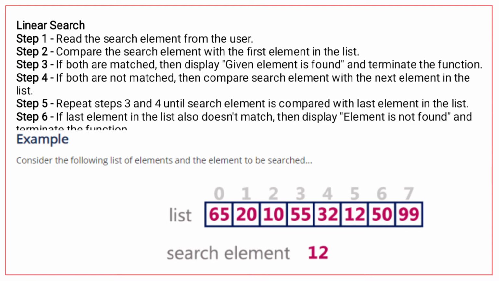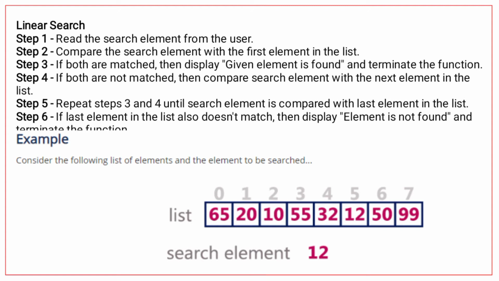Linear search is implemented using following steps. Step 1. Read the search element from the user. Step 2. Compare the search element with the first element in the list. Step 3. If both are matched, then display given element is found and terminate the function. Step 4.